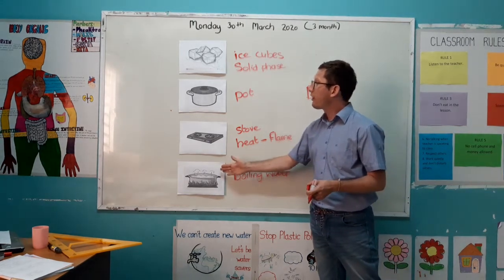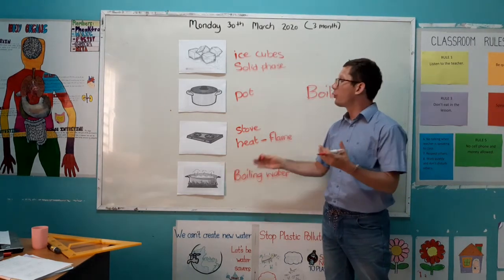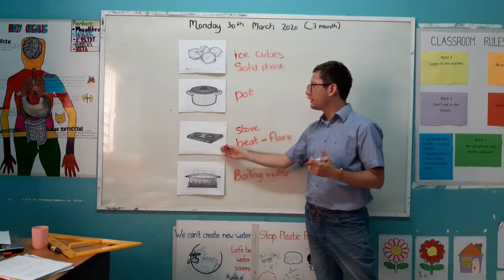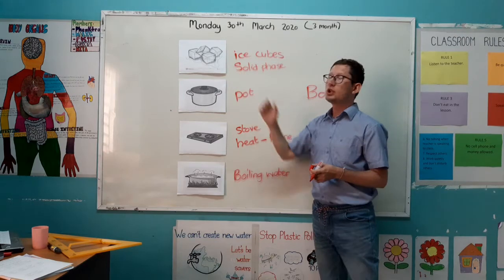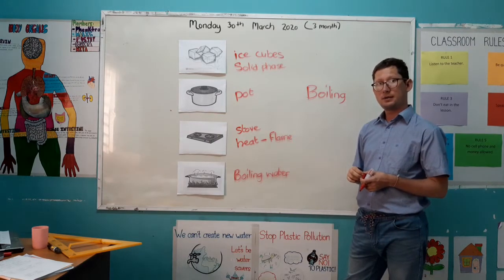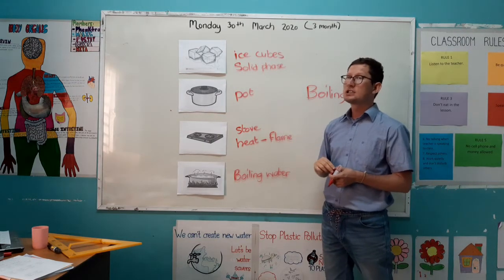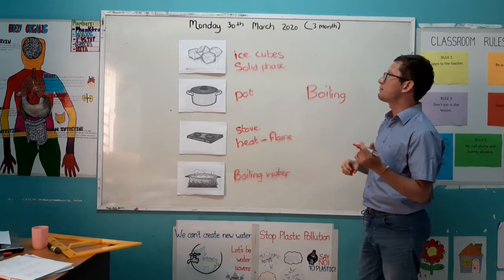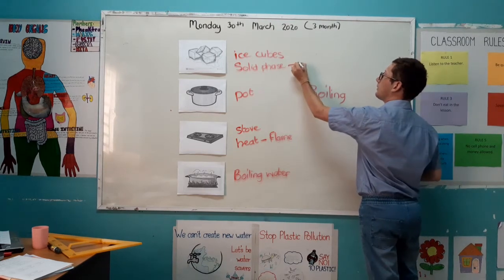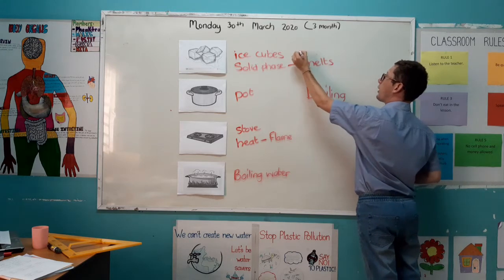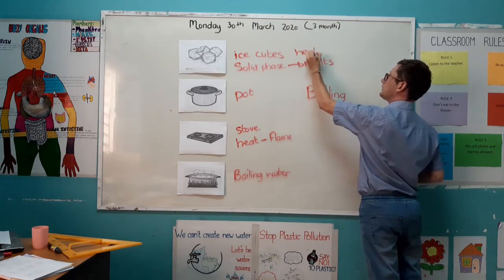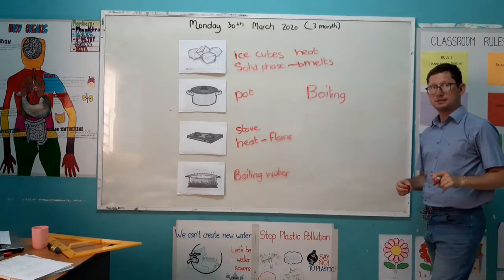And then when you give heat to the pot or the ice cubes, it turns into what? The ice cubes melt. So when you add heat to it, it melts.